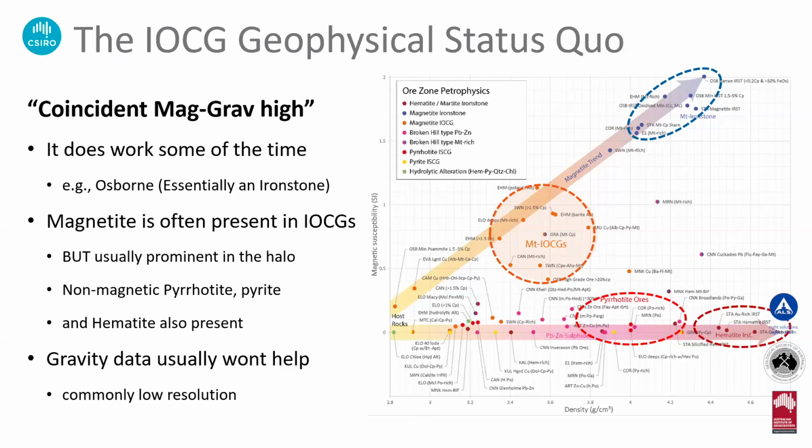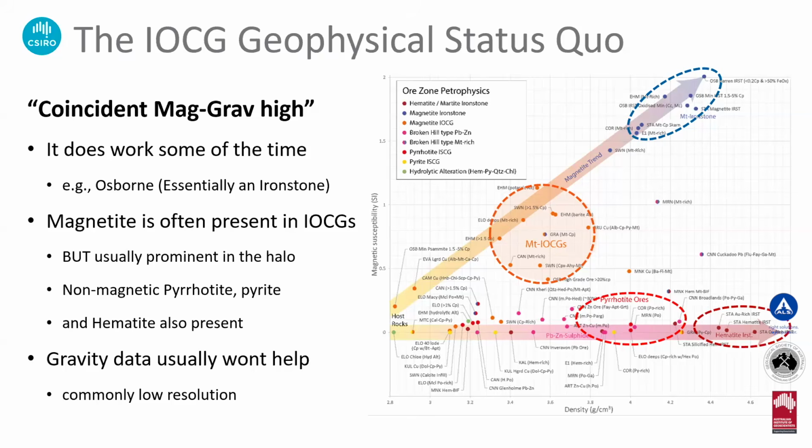When you're getting into ISCGs, so iron sulfide copper gold systems, where pyrrhotite is the dominant magnetic mineral, these are quite weakly magnetic, or they can have remanence. And then hematite, you're pretty much not going to have a magnetic anomaly at all, or it's going to be very subtle. So they're not all the same.